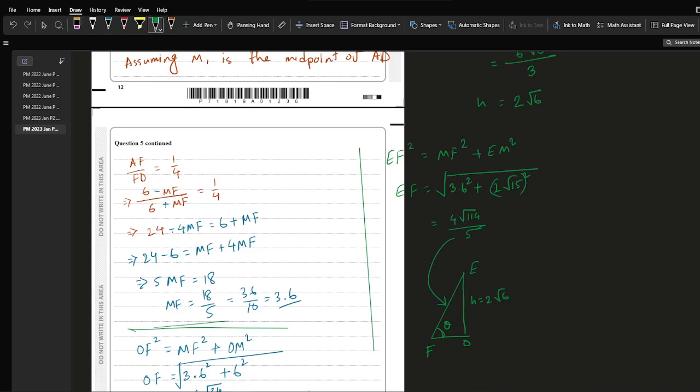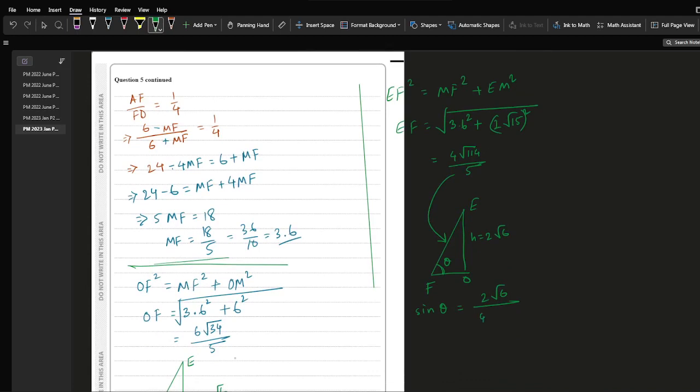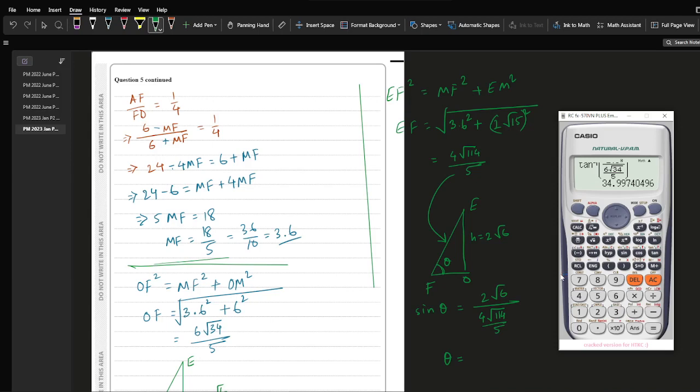Then opposite and hypotenuse, so sine theta is equal to 2 root 6 over 4 root 114 divided by 5. If we haven't made any mistake, this should come up as 35 as well. So let's do that and hope for the best.